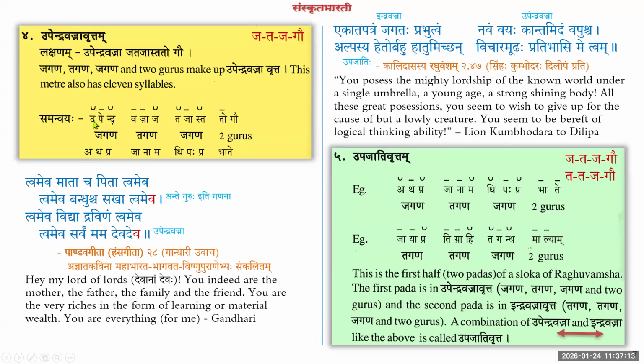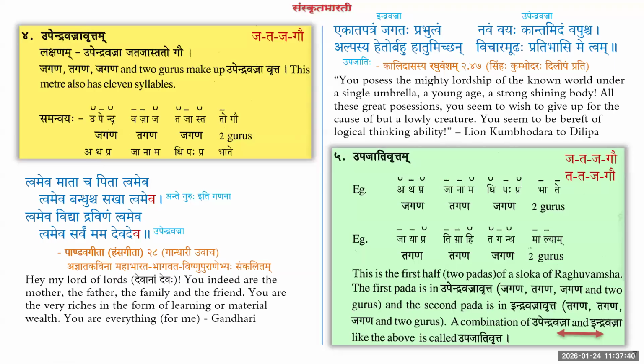So only the first column of the 11 columns has a variation: in Indra Vajra it is Guru, in Upendra Vajra it is Lagu. So it switches from Tagana to Jagana. That's all. Because the first column varies, the first group varies. That's natural. But literally only the first column is varying. So it is very subtly different from Indra Vajra.